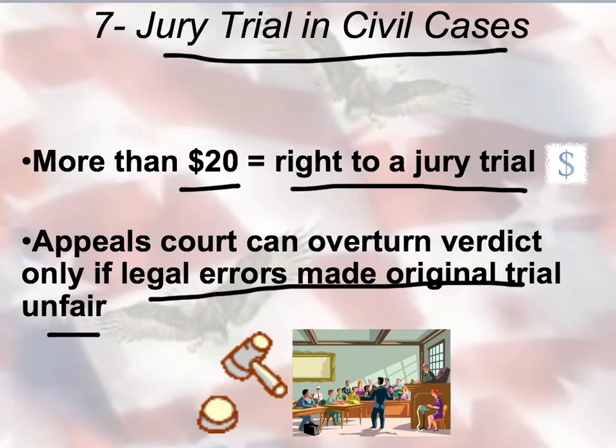Okay, you can't appeal just because you don't like the verdict. Well, I don't like that I'm found guilty, so I'm going to appeal. Again, appeals can only be allowed if there's legal errors made or there's found to be some unfairness in the original trial. Okay, so that's Amendment 7.